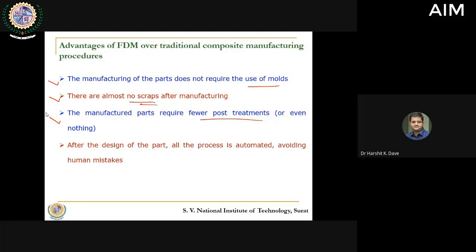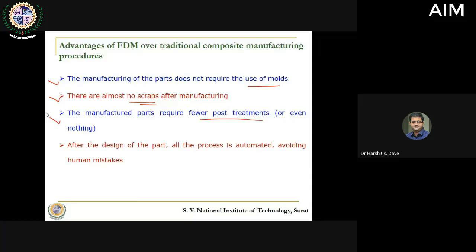Now when you design the part, for the designing of the model, human intervention is required. Everything else is totally automated. The entire process takes place by itself. You only need to watch it from a distance.